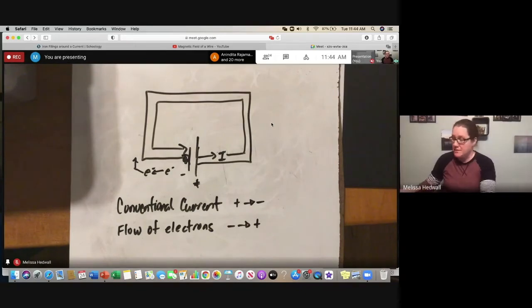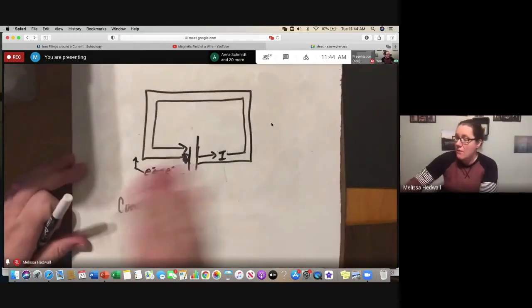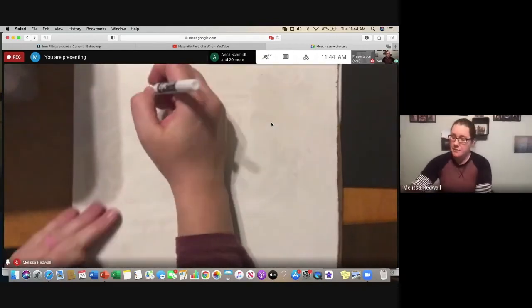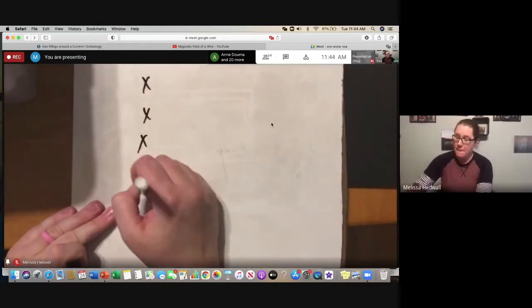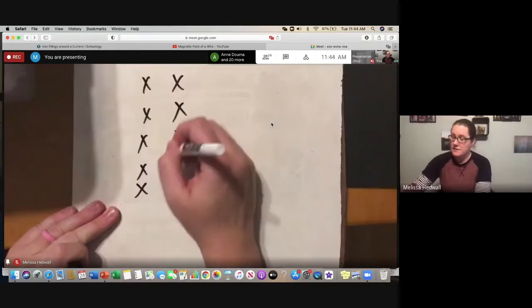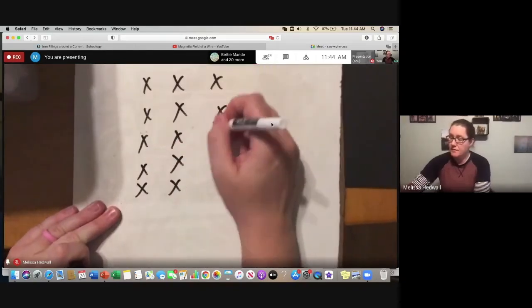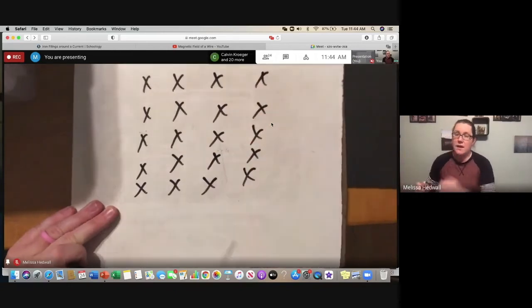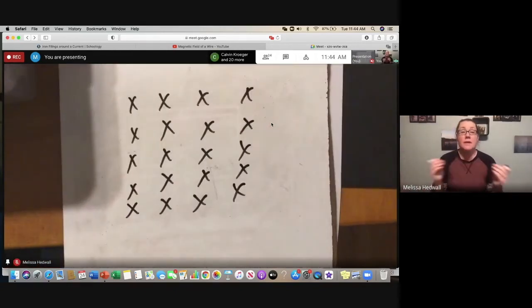I'm going to erase this because this is how it plays into the fields that we're doing here. So I'm going to put my X's back on here. We've talked so far about the way that current in a wire behaves within this. But the other thing that happens is we can have this in a particle.